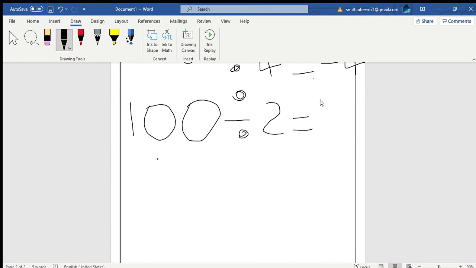Your answer will be 50. So positive 100 divided by a positive 2, your answer will give you positive 50.